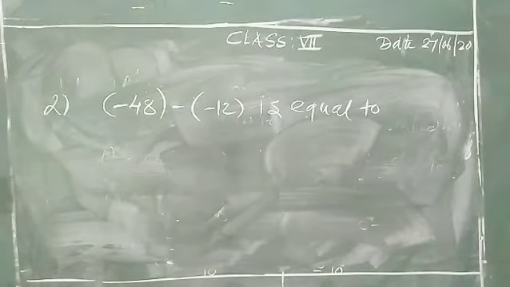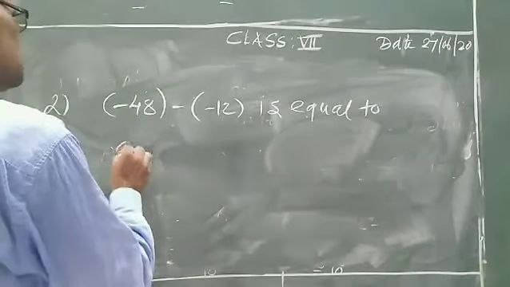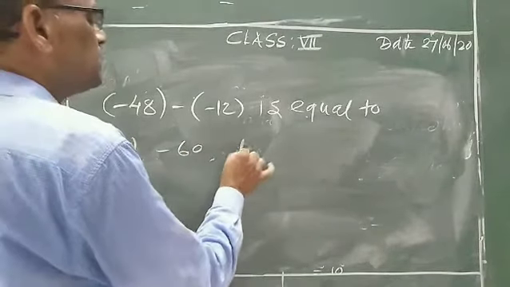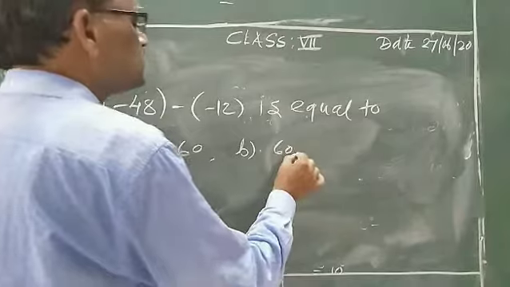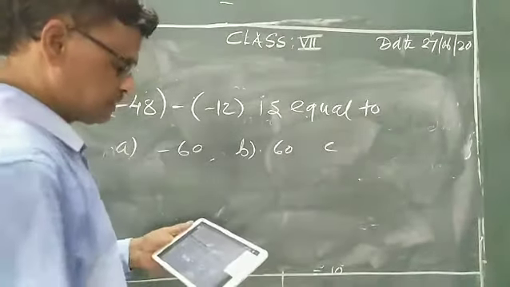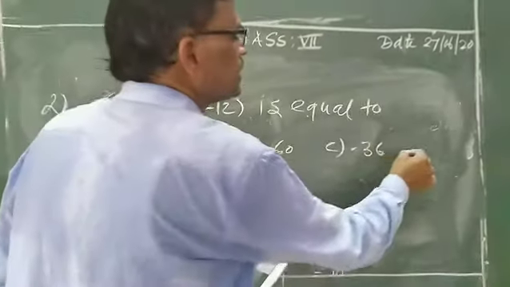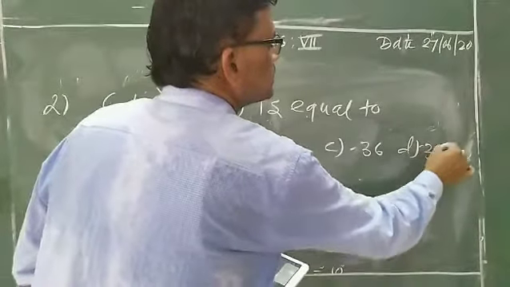Options: A negative 60, B 60, C negative 36, and D 36.